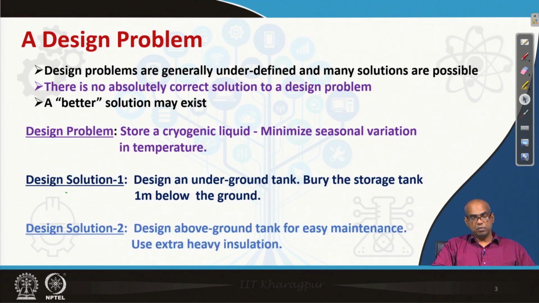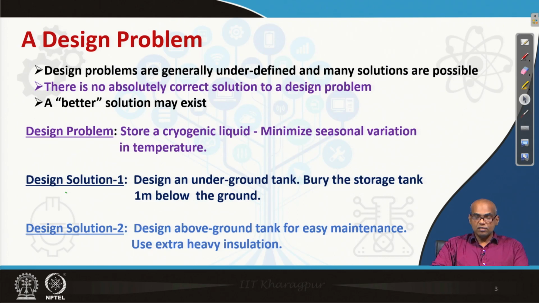Another design solution may be you design above ground tank for easy maintenance and you use extra heavy insulation to minimize the seasonal variation in temperature. So, in one design you bury the storage tank below the ground, but you compromise with maintenance.